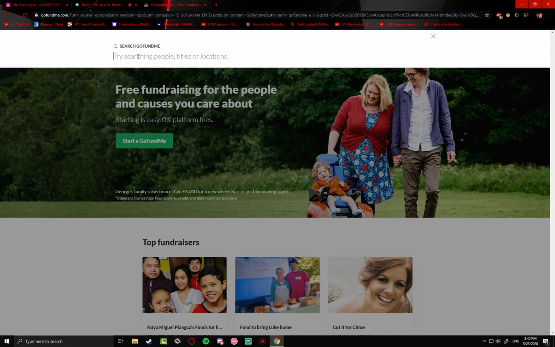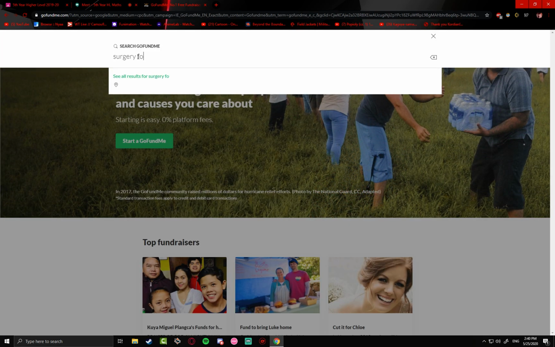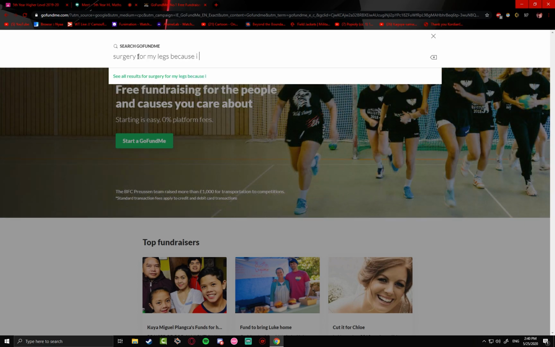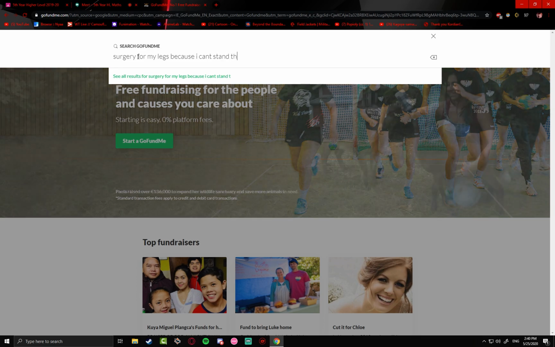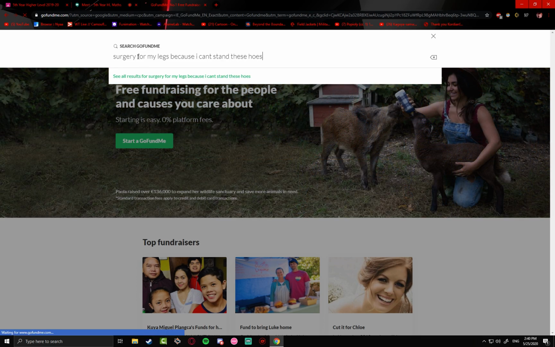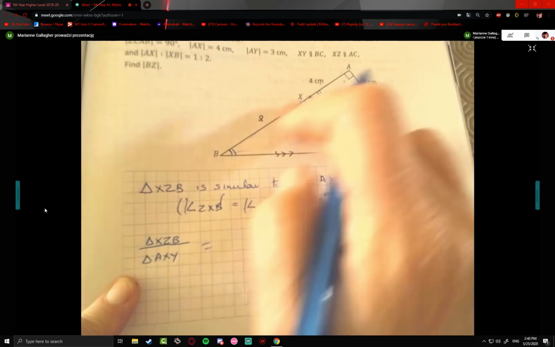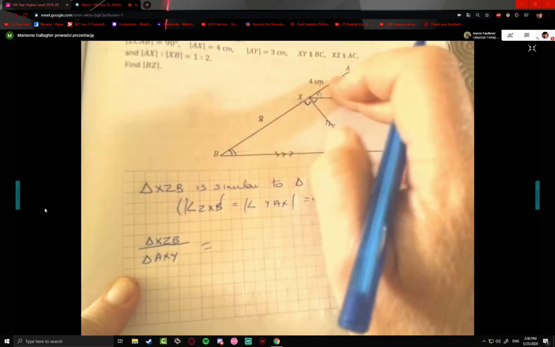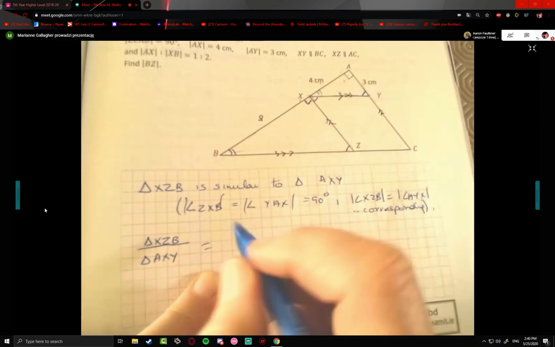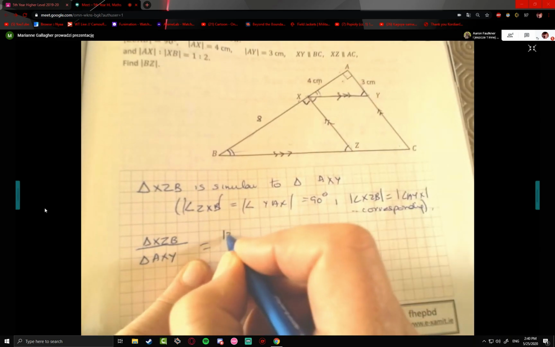Because they're similar, and when you're doing similar triangles, this is key, put one triangle on top of the other, and put the one you're trying to find out on top. So I'm going to put triangle XZB on top of triangle AXY. The big triangle here is on top of this triangle, and the side I'm trying to find is BZ.